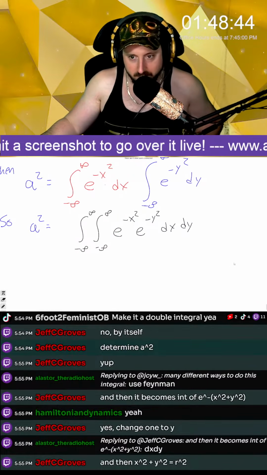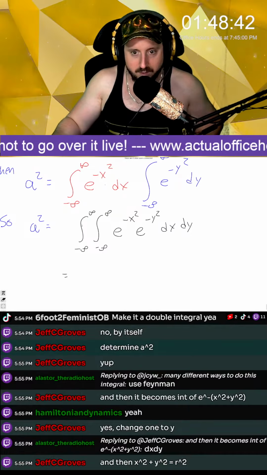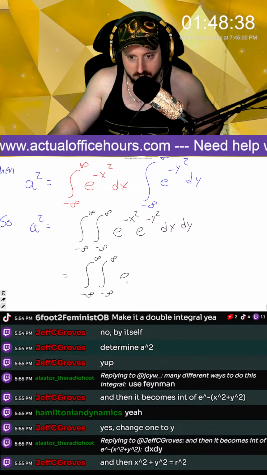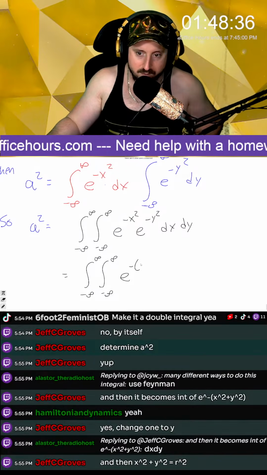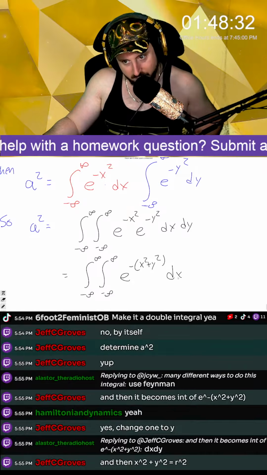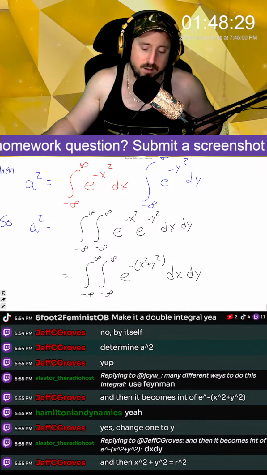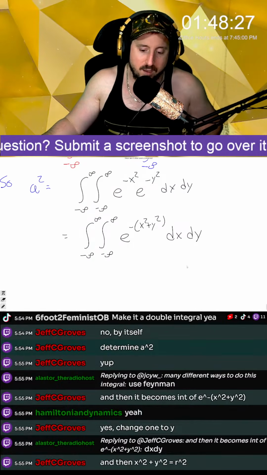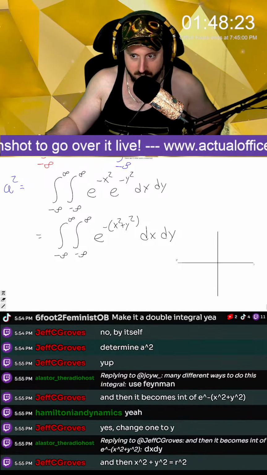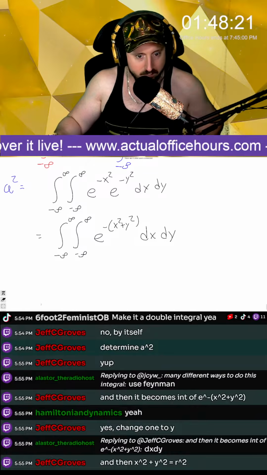Uh-huh. Okay. So then this is the same thing as e to the minus x squared plus y squared, dx dy. Okay, which describes infinite space, right?